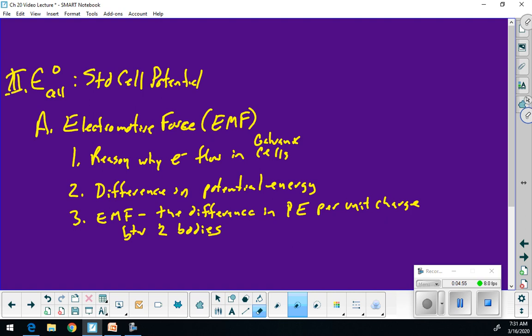All right, so that is my EMF, and this EMF drives the electrons through the circuit in a galvanic cell.